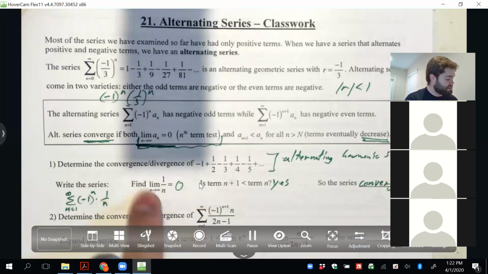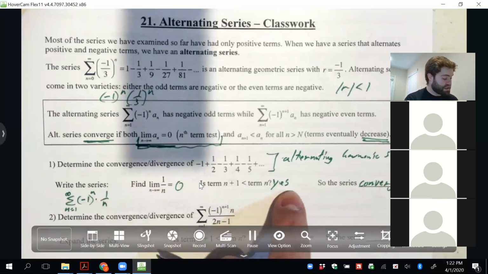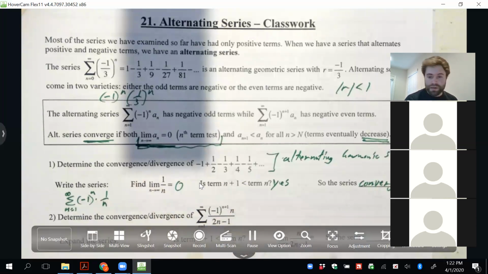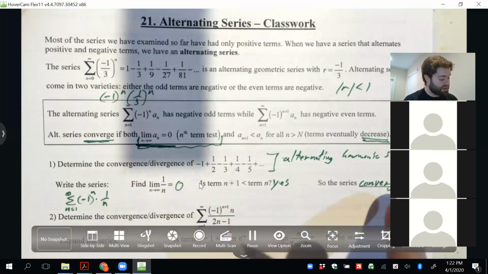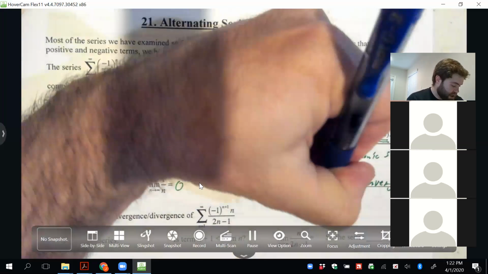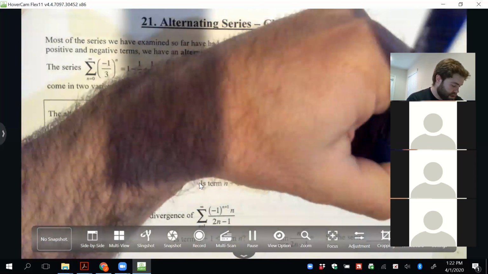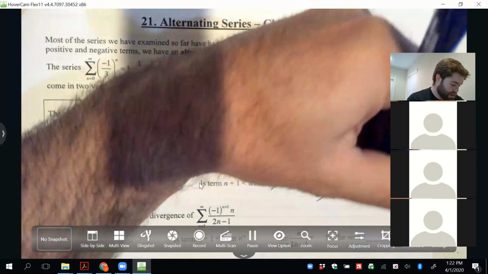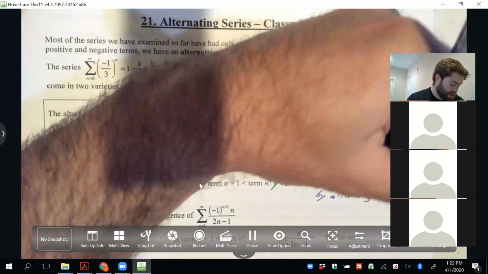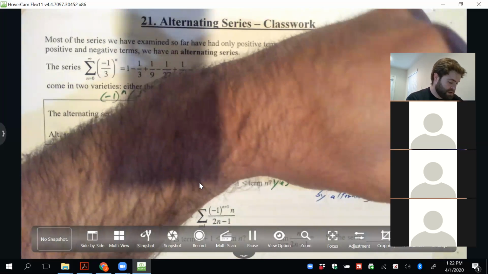That's doing the nth term test with the sequence, and this one does equal 0. And each consecutive term would be less than the previous term: 1/5 is less than 1/4, 1/100th is less than 1/99th, and so on. So it is decreasing, and since both of those things are happening, it will converge by alternating series test.